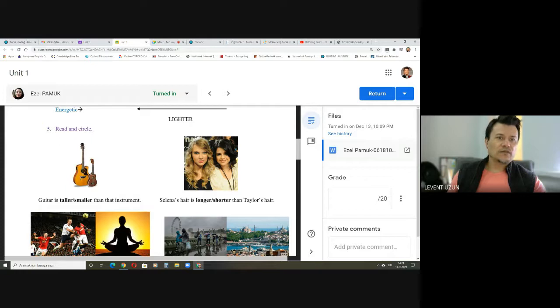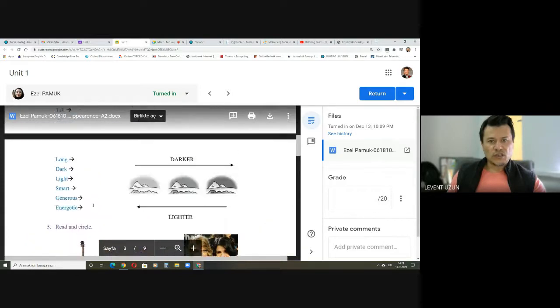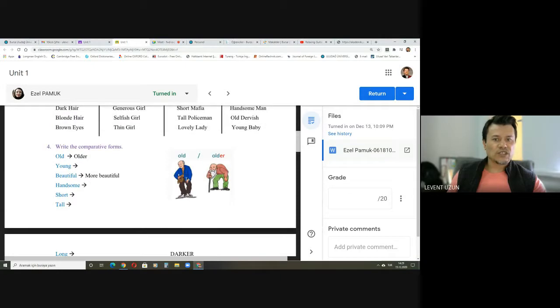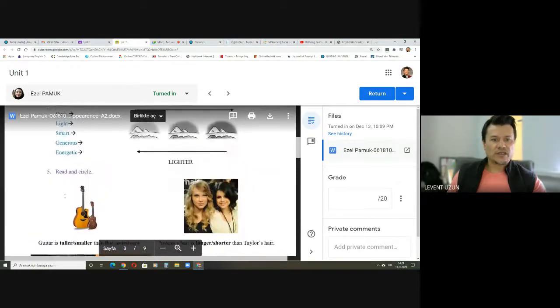I'm sure that it will confuse the learners, at least some of them. Because I see a small guitar here, which is designed for children. There are small guitars like this, and this is just like a usual guitar that we adults can use. Taller, smaller. So if you had that kind of activity, taller, smaller, where you teach tall and small, then this activity will be very consistent.